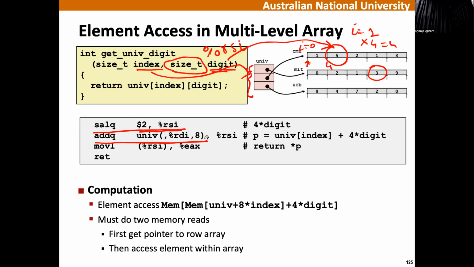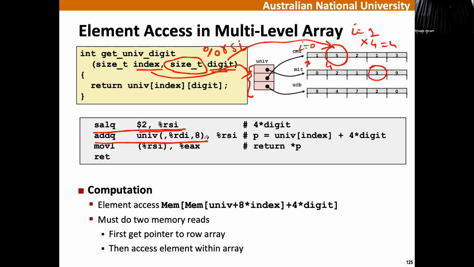What is interesting about this add instruction? Anyone else? What is interesting about the add instruction? Anyone online? It's an arithmetic ALU instruction, but it's also doing something else. Look at the addressing mode, uni parentheses.